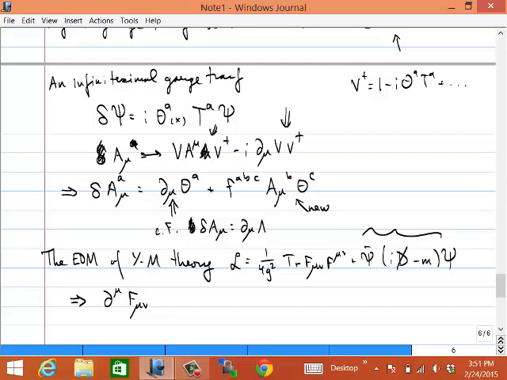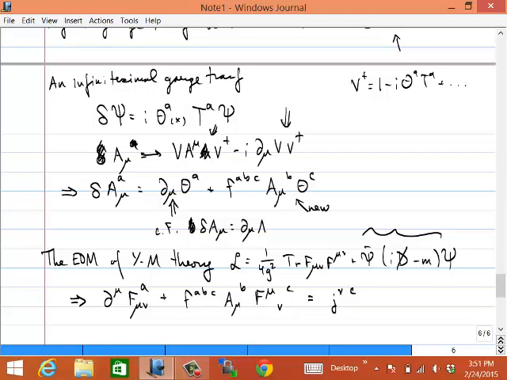When you have Yang-Mills theory, you actually get a correction to this equation, which takes the form f^{abc} A^b_mu F^{mu nu c}. Here, I guess I need to lower an index to make everything work out. So if you have no matter, then that's equal to 0.